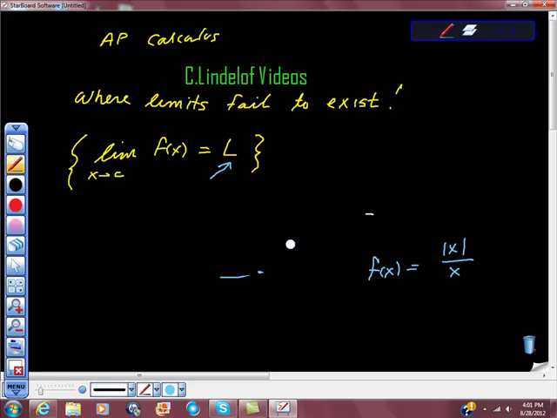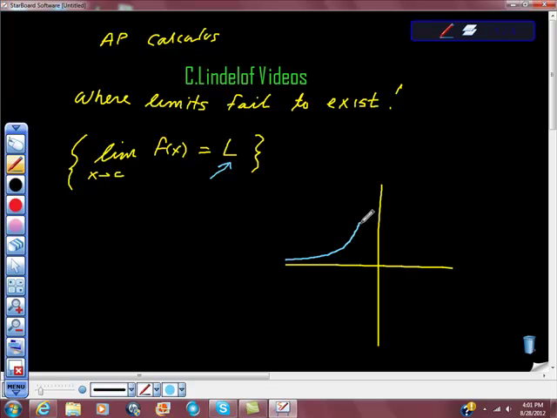Another way that a limit could fail to exist is by not really approaching a number L, and it could look like this. So here's our Cartesian plane again, and maybe we have this function that does this. Maybe our function goes here, and it presses and presses, and it becomes asymptotic to the y-axis.